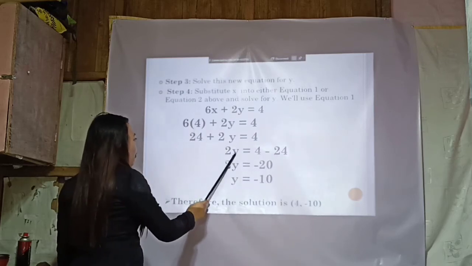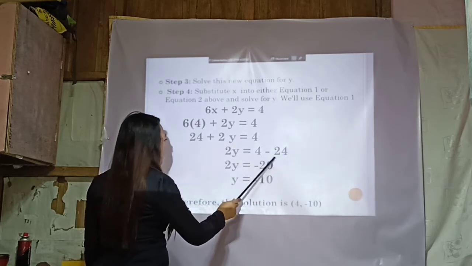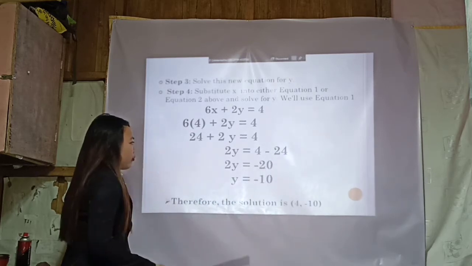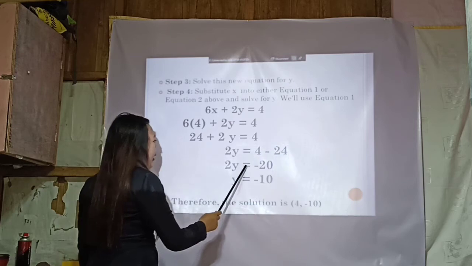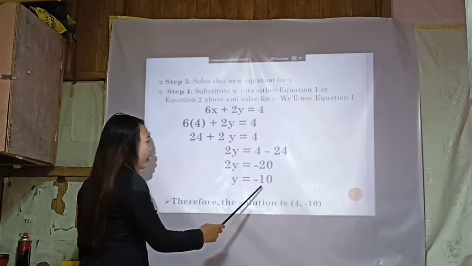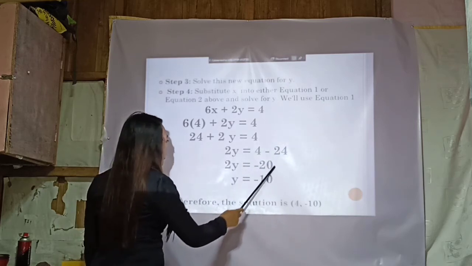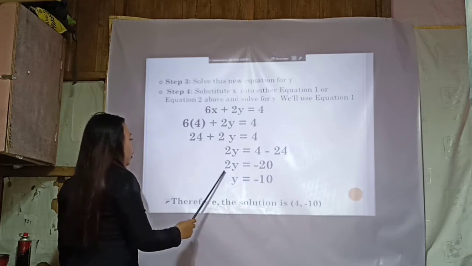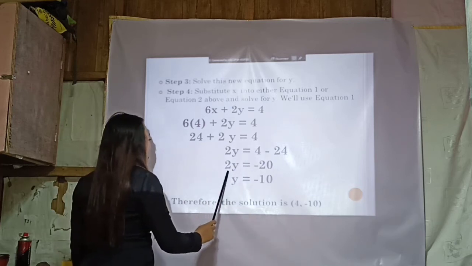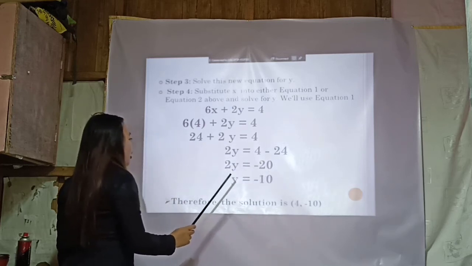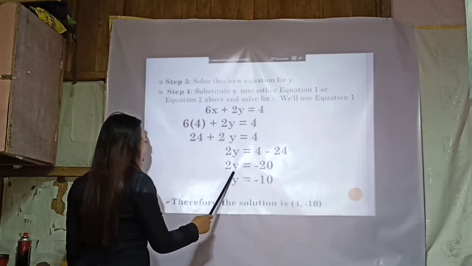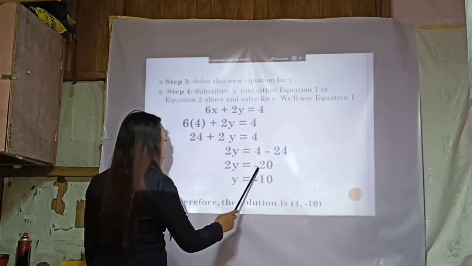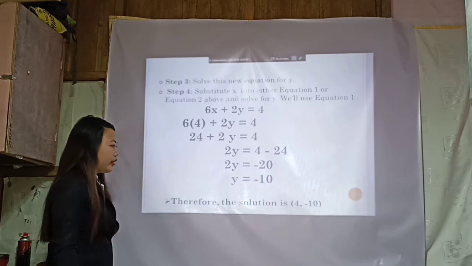Transpose this 24 to the other side so it becomes negative 24. So, 2y is equal to 4 minus 24, which is equal to negative 20. So, divide both sides by the coefficient. Therefore, y is equal to negative 10.